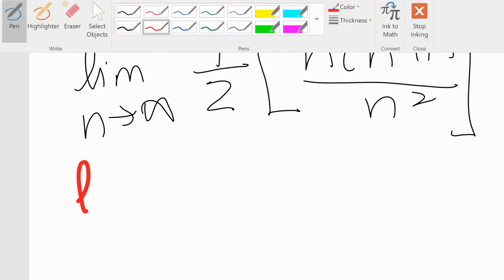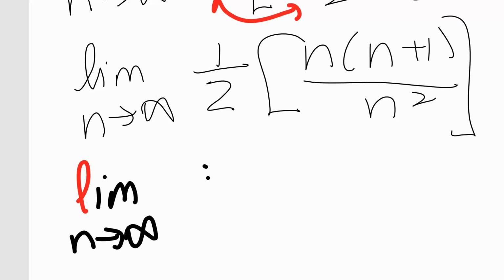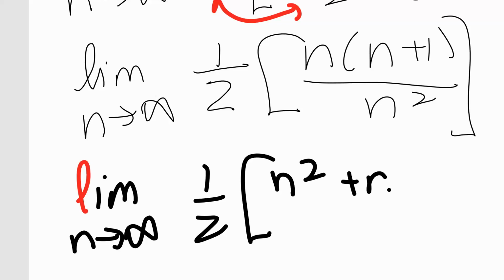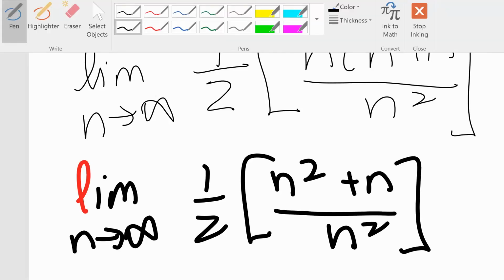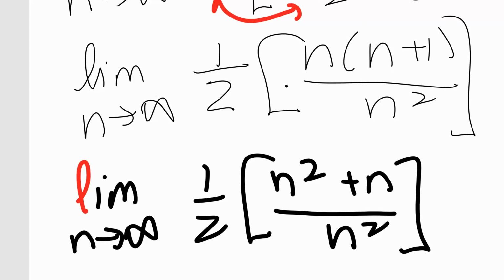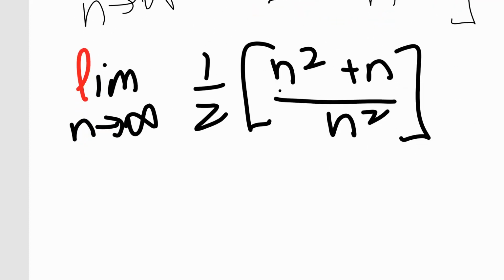So I get the limit as n goes to infinity of 1 over 2 times n squared plus n all over n squared. All right, now that my parentheses are gone, I'm going to break it up into smaller fractions.